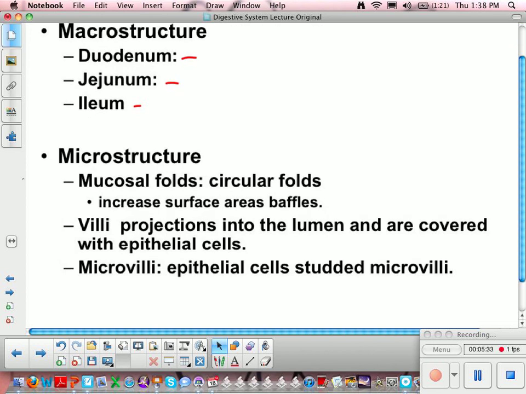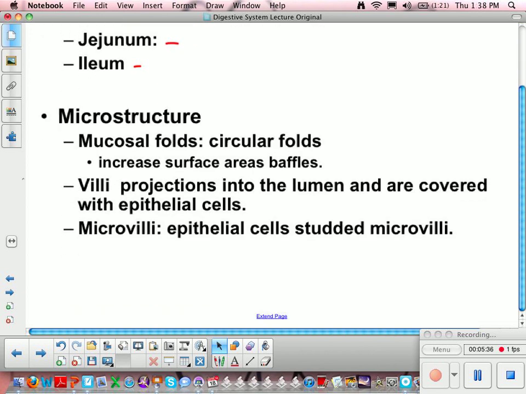The microstructure is really more important, though, in that the microstructure of the small intestine has those mucosal folds, and they're circular folds. So if we were to look at this longitudinally, we have these very detailed folds in here that allow more absorption within the small intestine.